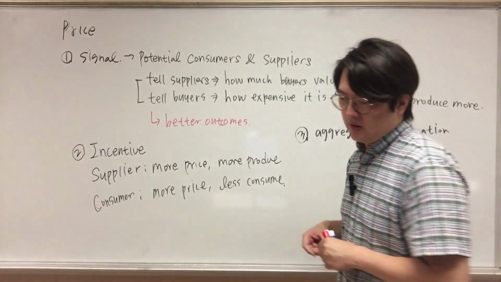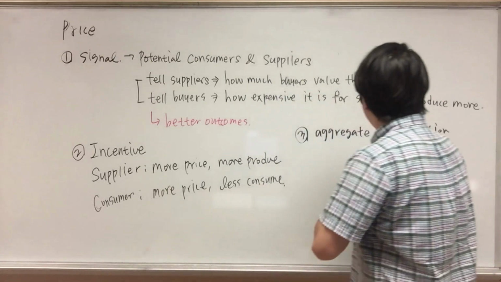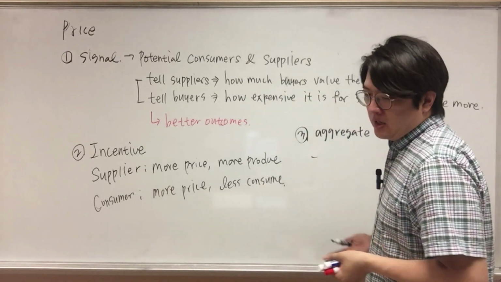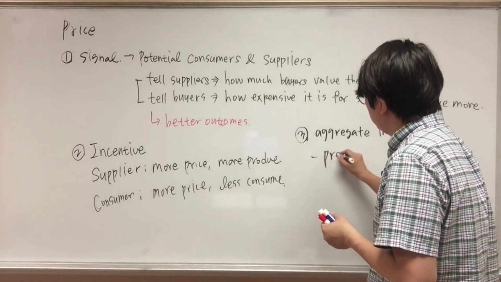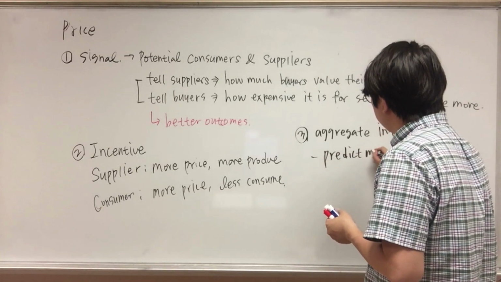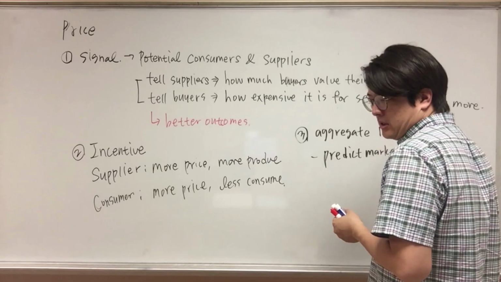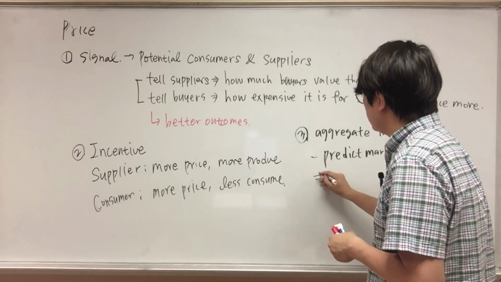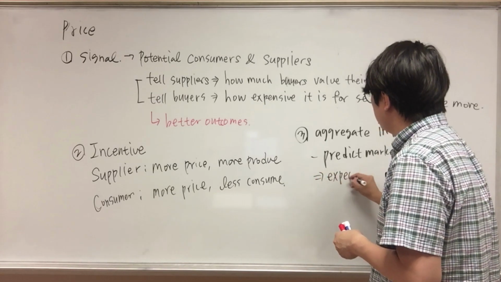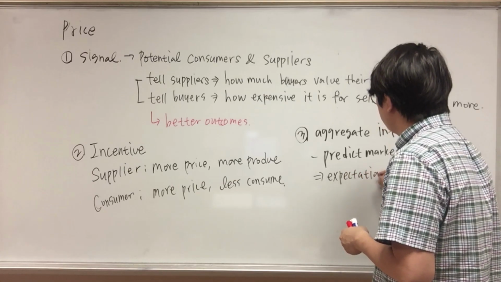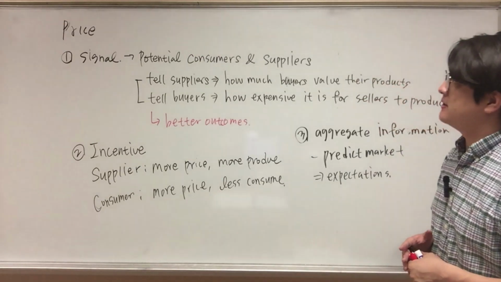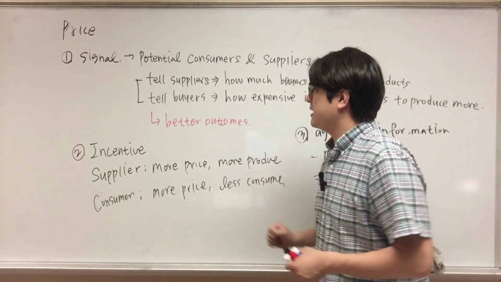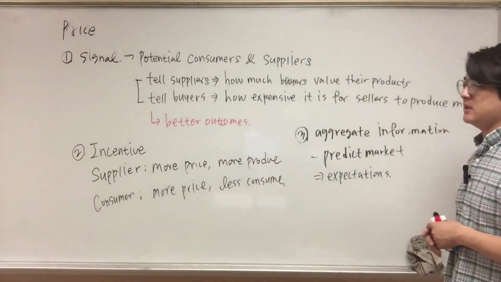So based on this aggregate information, buyers and sellers usually predict the market based on their expectation, right? So in the end, the prices can act as a signal, an incentive, and aggregate information.